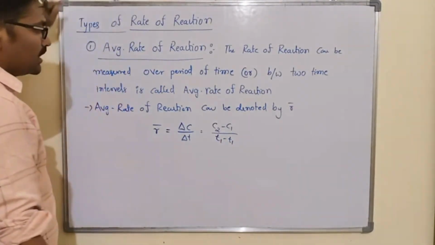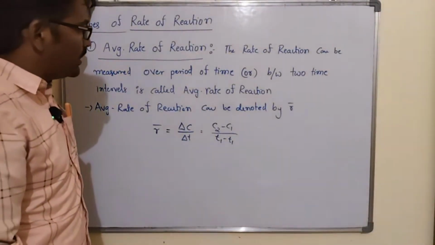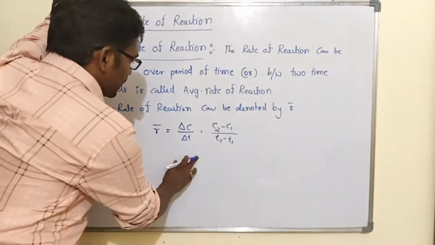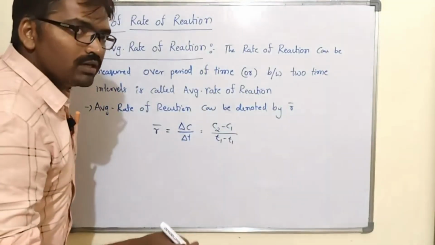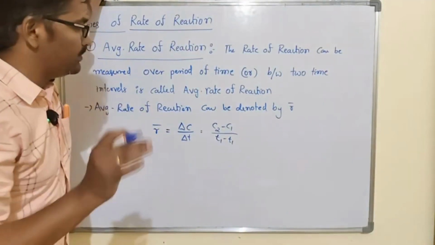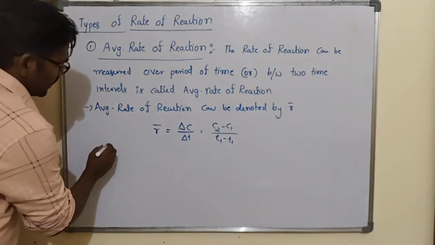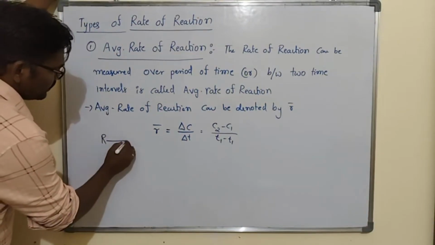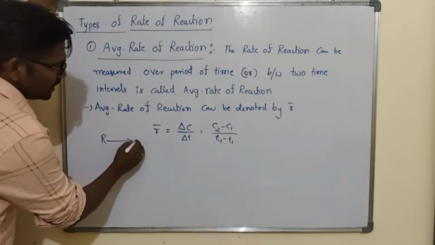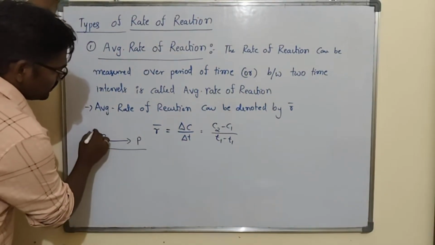See, look at in case of rate of reaction, if you take with respect to the reactants and with respect to the products. First, consider a reaction, that is reactant can be converted into product. This is one of the reactions.